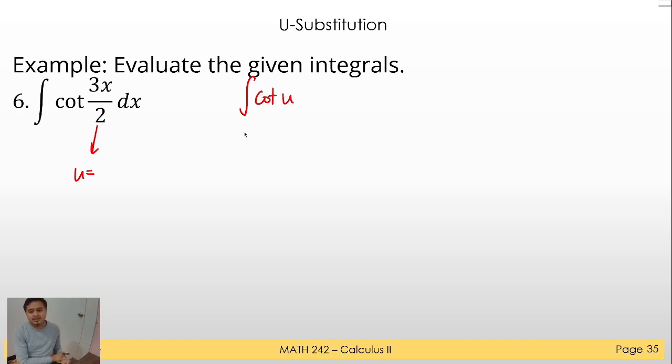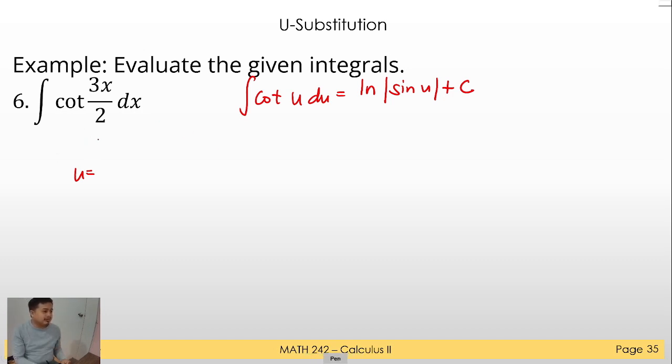Actually we do not have an integral shown here for cotangent u. But let me just show you that the integral of cotangent u du is equal to ln of the absolute value of sine u plus c. So I will add this later to our formula during class.